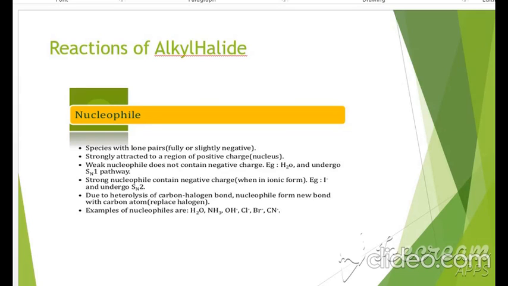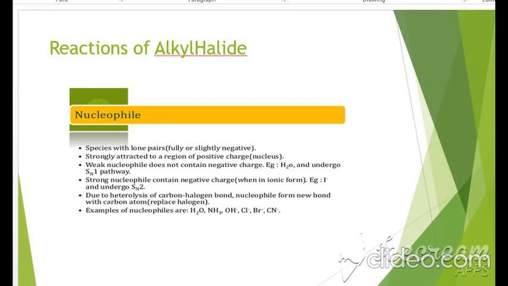Before discussing the nucleophilic substitution reaction, what is a nucleophile? A nucleophile is basically a species. Nucleo means nucleus, phile means loving. Nucleus loving. It means it attracts the positive body, and it almost always contains a negative charge.